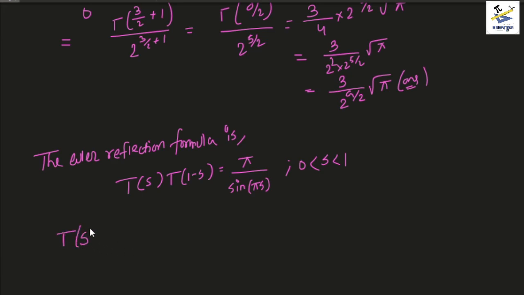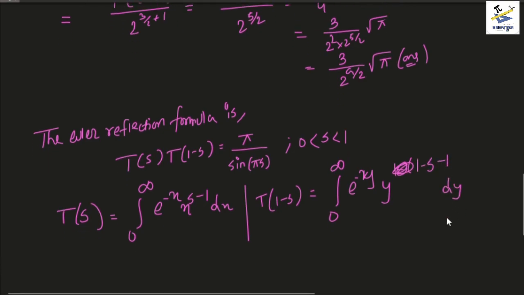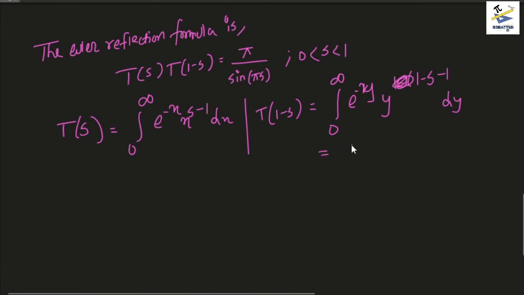We can write that gamma of s is basically 0 to infinity e to the power minus x, x to the power s minus 1 dx, and gamma of 1 minus s is basically 0 to infinity e to the power minus y, y to the power 1 minus s minus 1 dy, or this can just be written as 0 to infinity e to the power minus y, y to the power minus s dy.